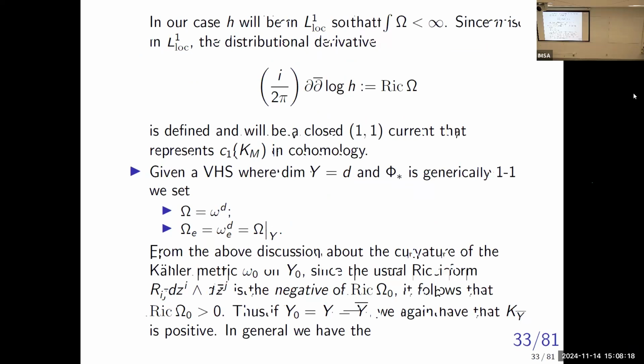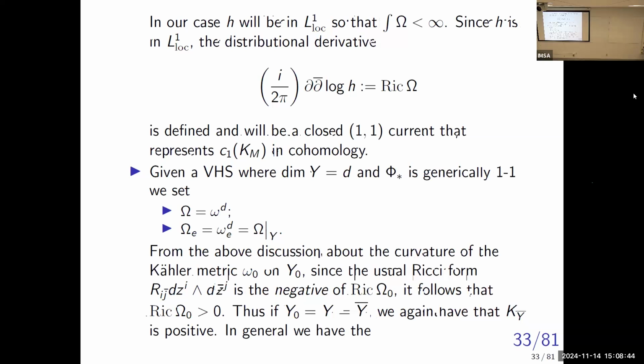It's a closed (1,1) current. Current being, roughly speaking, differential forms with singularities that are not too bad, so you can still integrate them against any smooth function and get something finite. And since it's a closed current, it'll represent the Chern class of the canonical bundle.